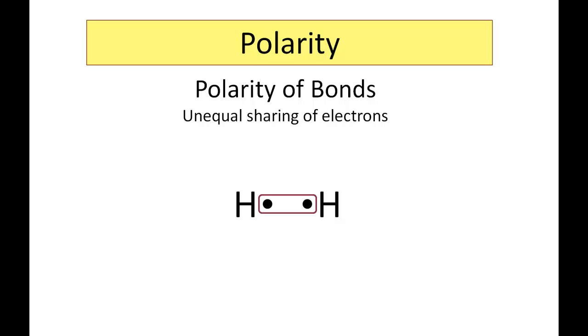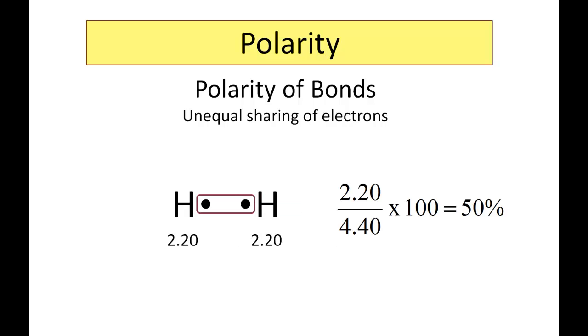For example, we have two hydrogens here, and we look up their electronegativities on the periodic table, and we find out that they both, of course, would have the same electronegativities. So they both have an electronegativity of 2.20. So what we'll do is take the 2.20 of one hydrogen and divide it by the total electronegativities if you add them together.